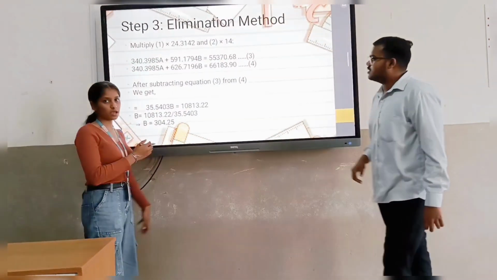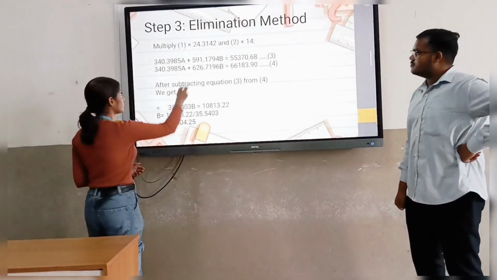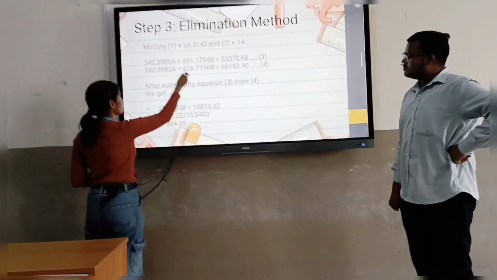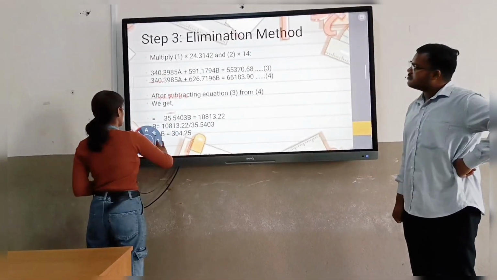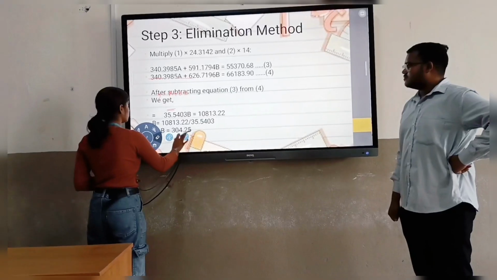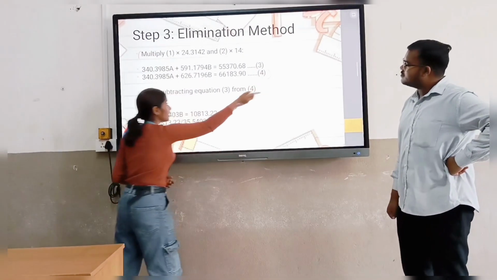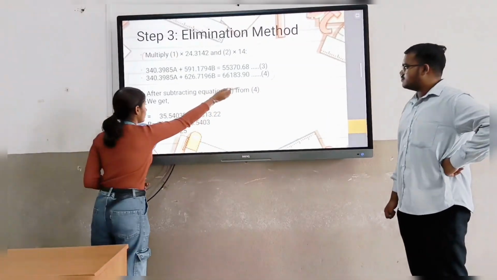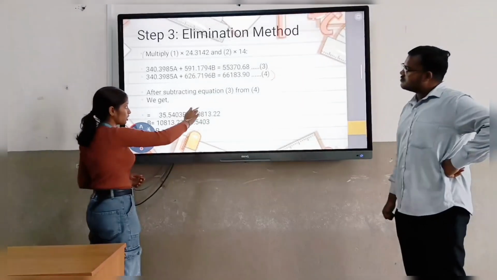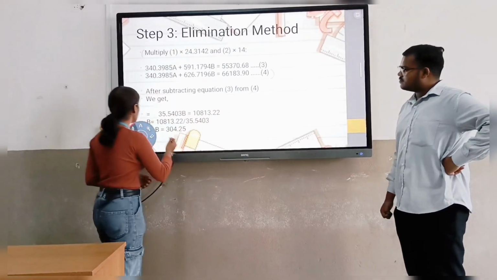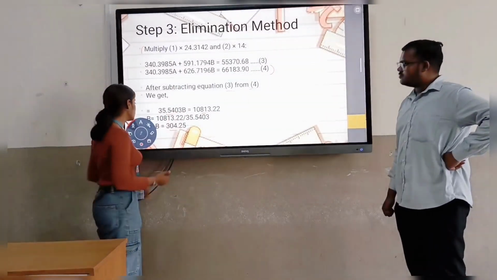Now we'll solve these equations simultaneously, as we have to find the values of a and b. We have done the steps here, and we get the simultaneous equations. Then we subtract these equations from each other, like 3 from 4, and we get b by solving both equations.